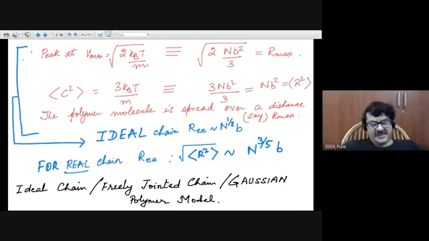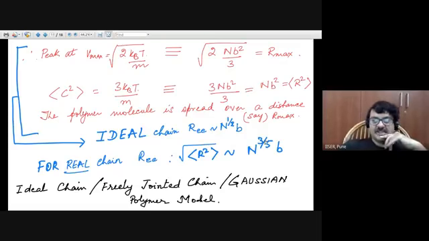And you might think, but that's very small, it's an exponent, and it just changes a bit. But suppose n was 1 million. Please calculate. The square root of 1 million is 1000, right? Trivial. So the end-to-end distance for a chain with 1 million monomers will be 1000.